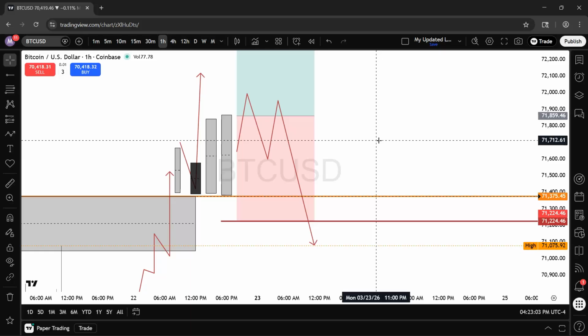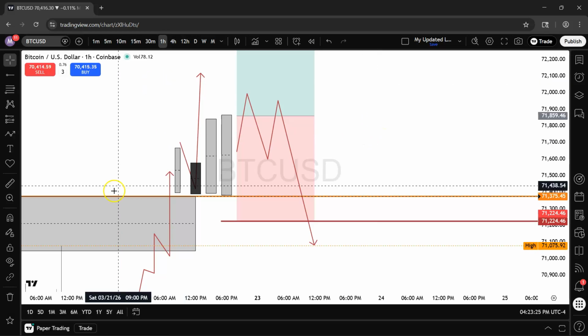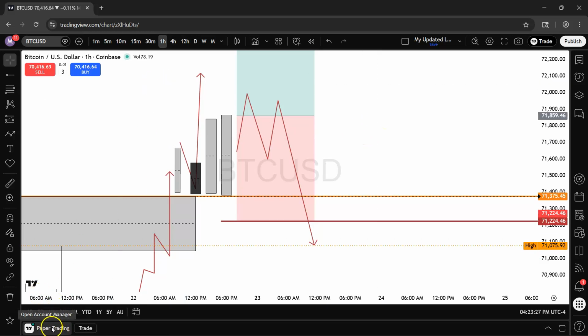Do not take any live trades until you master the demo account, until you become profitable in a demo account. You've got to be consistently profitable over time. That's when I would recommend you set up a live account. But right now, just create a demo account. TradingView allows you to create a demo account. It's called paper trading.